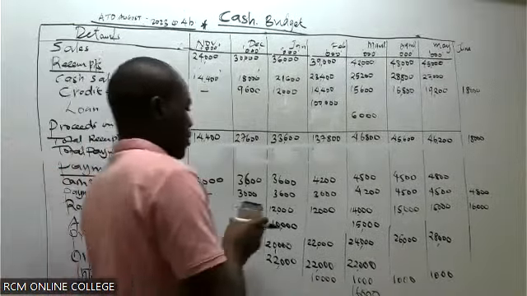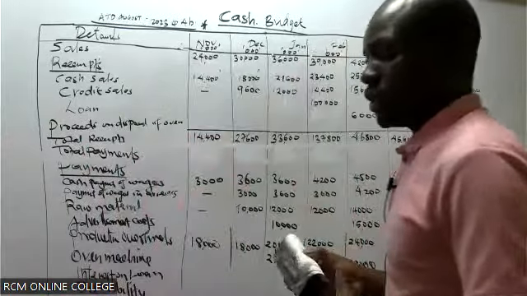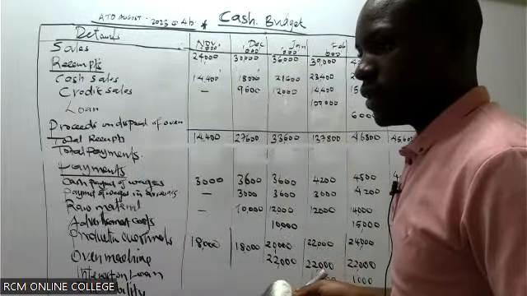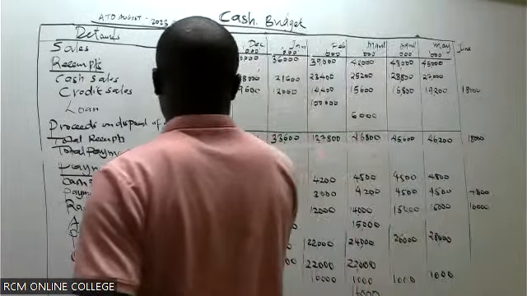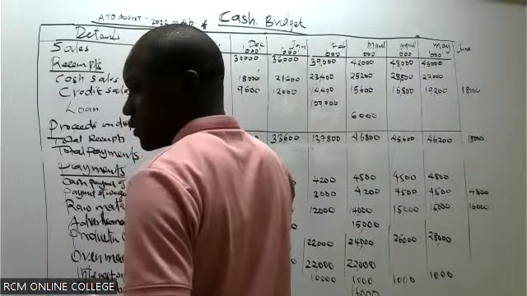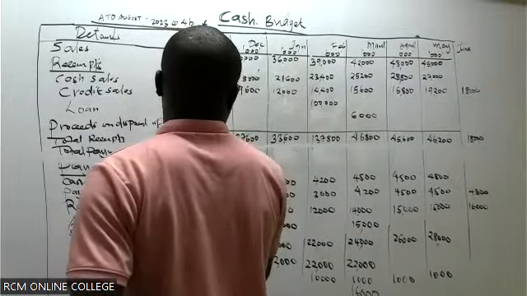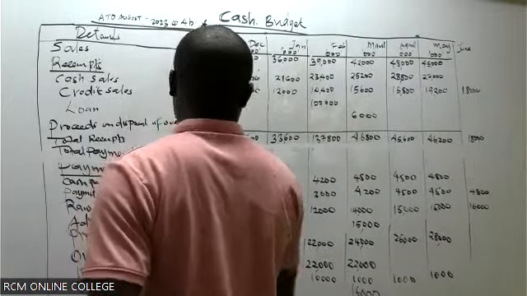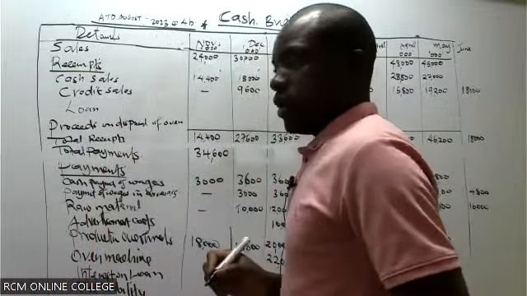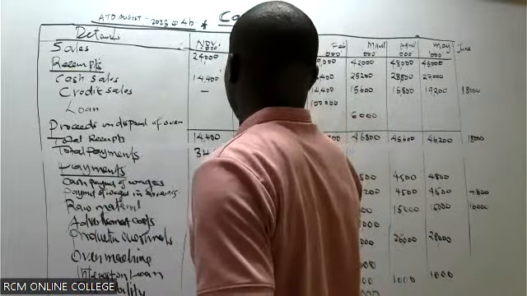Total payments. Watu wamepata kweli? December 36,400. 34 and 36, 34,600. Then November 21,000.